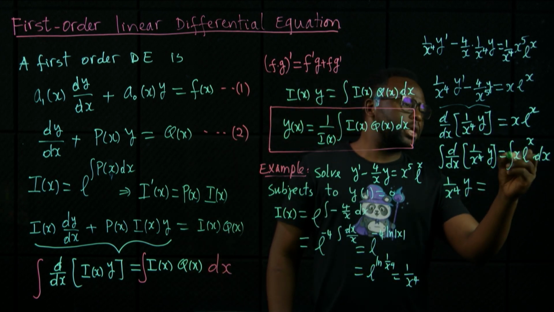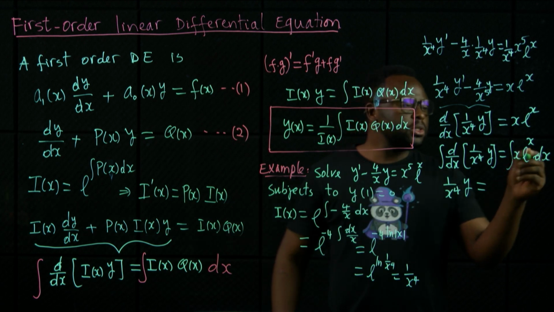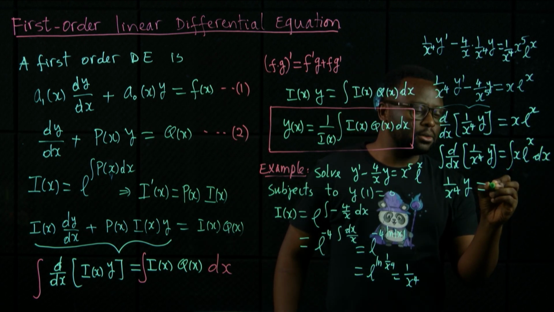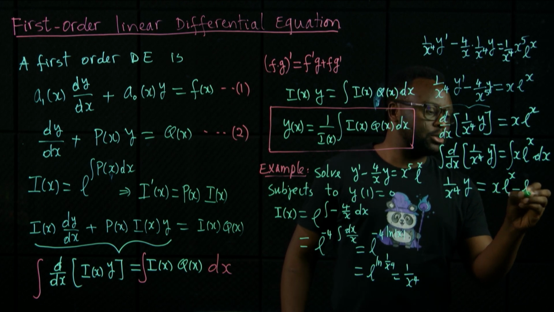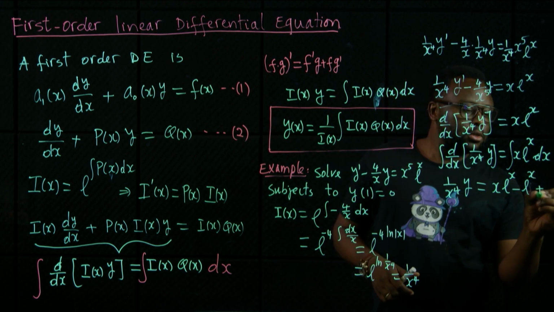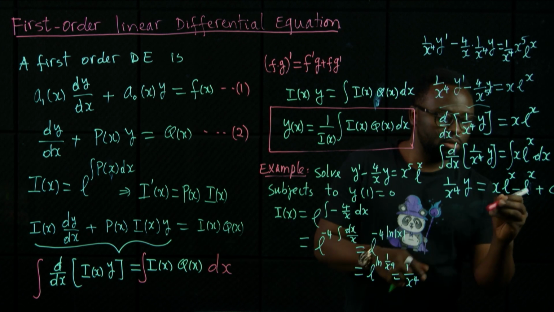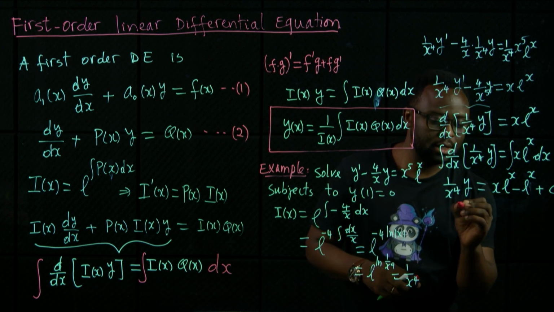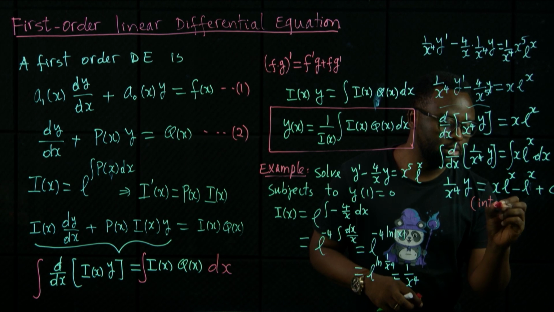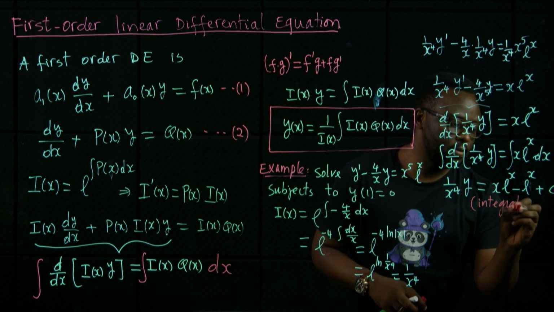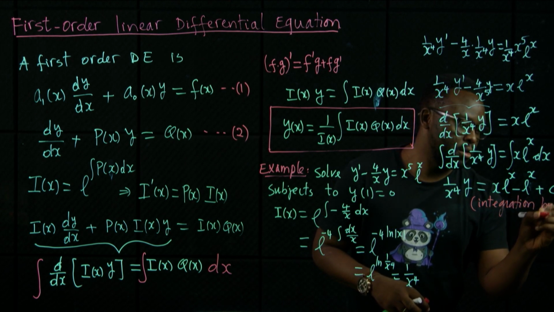Using integration by parts leads to x times e to the power x minus e to the power x plus c.